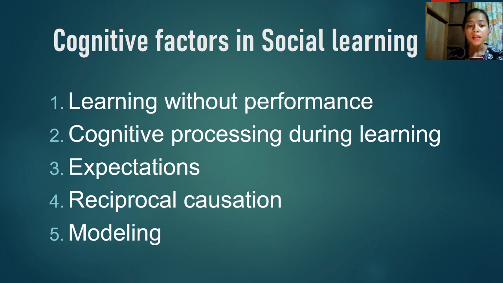So number five, modeling. So there are different types of model. There is a live model, an actual person demonstrating the behavior. There can also be a symbolic model, which can be a person or action portrayed in some other video. So those that I mentioned, learning without performance, cognitive processing during learning, expectation, reciprocal causation, and modeling, are the cognitive factors in social learning.